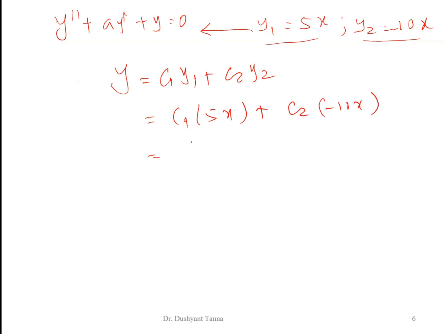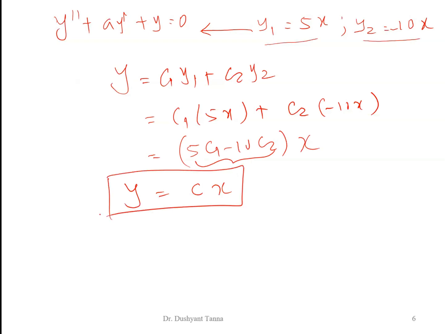Can I call it 5c1 minus 10c2, times x? Now, whenever you have 5c1 minus 10c2, you can always replace it by a single constant C. Then I get only y is equal to Cx. So when I say y is equal to Cx, this is what I mean by C.